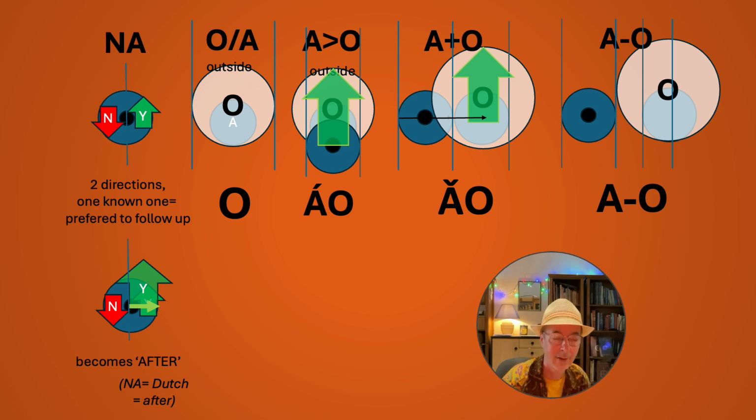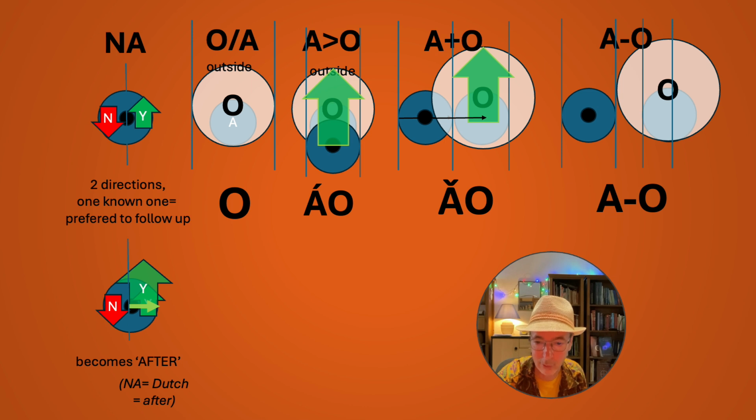So na means I follow up between the yeses and the nos. I follow a, I follow what I know. And when you follow what you know, you follow what comes after. It's still the balance between yes and no that is there, but you follow after, you follow what comes after.